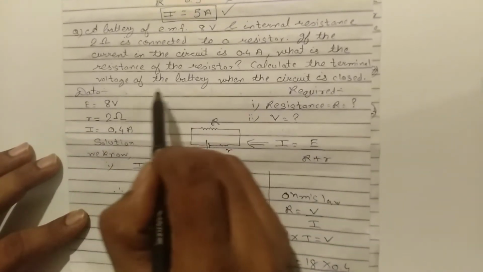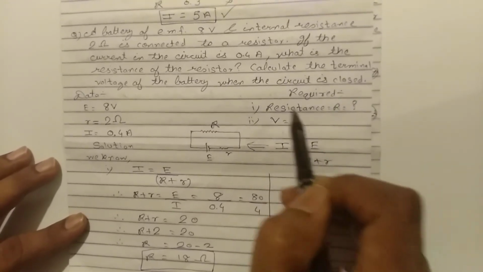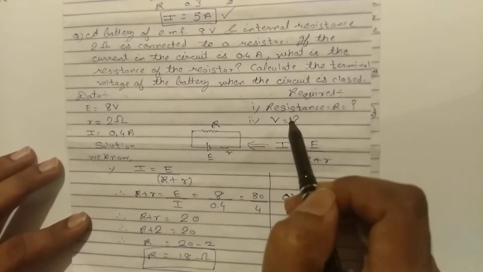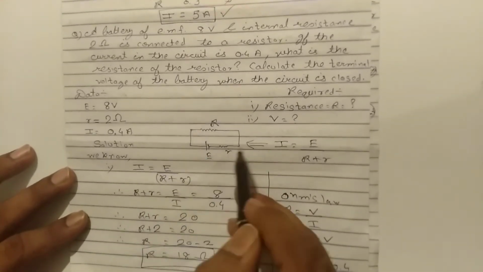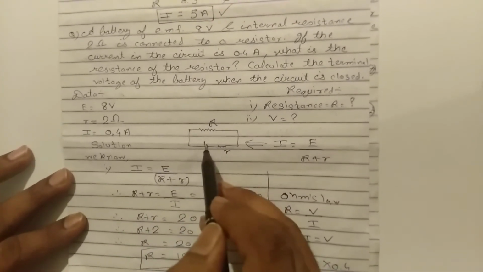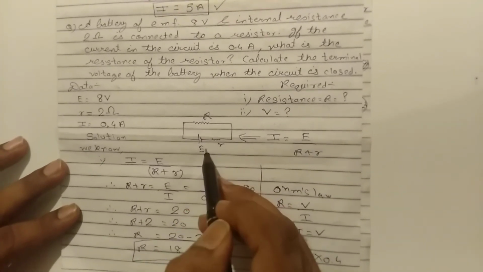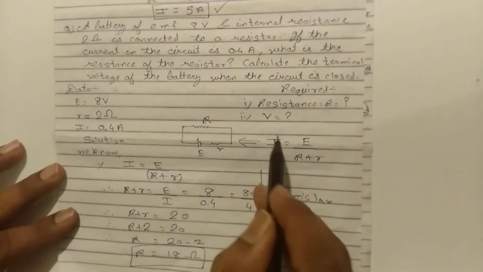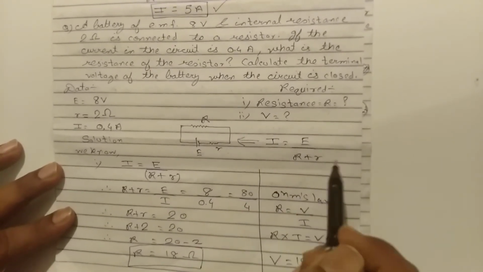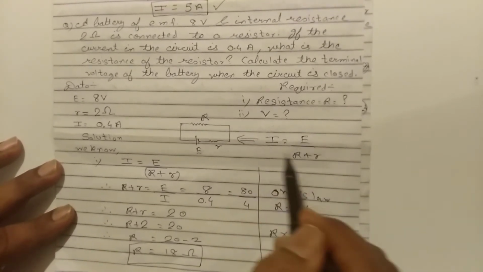Calculate the terminal voltage of the battery when the circuit is closed, that is, the voltage across resistor R. We have to find out. Students, as I told you in Kirchhoff's current law, the battery is connected across R. There is the internal resistance of the battery of EMF E. And we derived one formula in the lecture of Kirchhoff's current law.